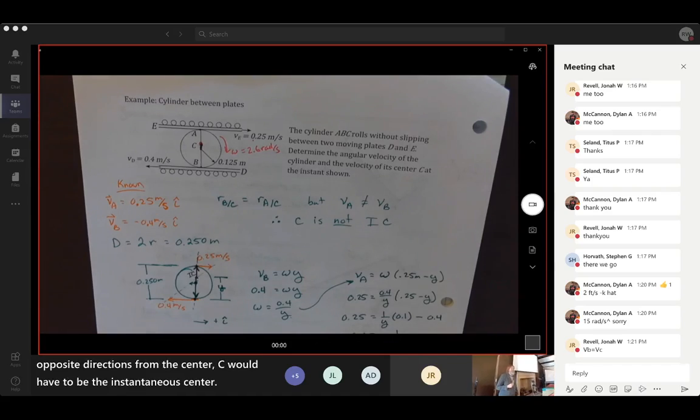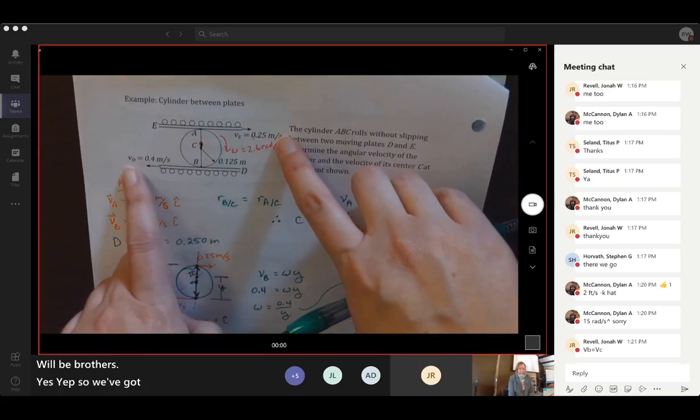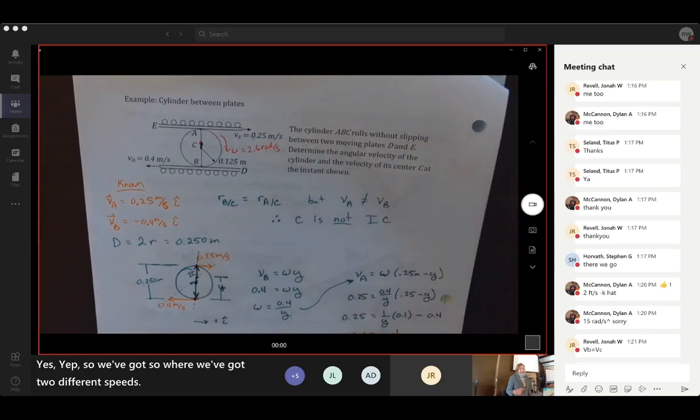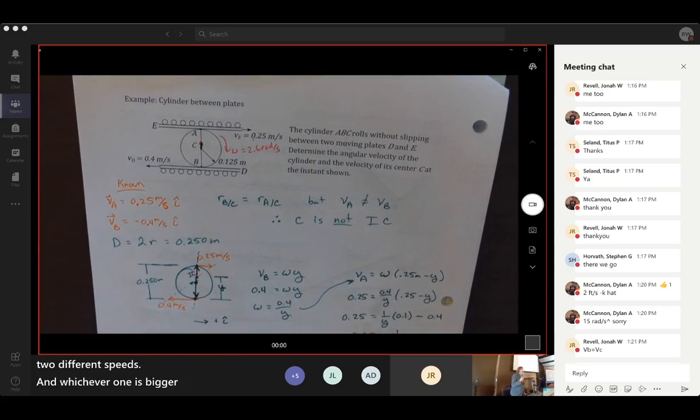And would it be true that whichever velocity is farthest away from the instantaneous center will be the fastest? Yes. So if we've got two different speeds, whichever one is bigger has to have a longer radius.